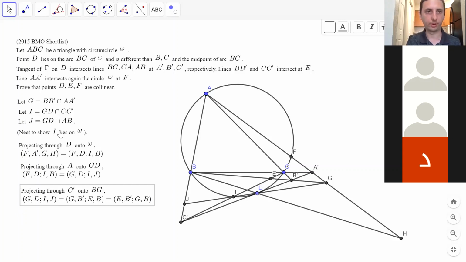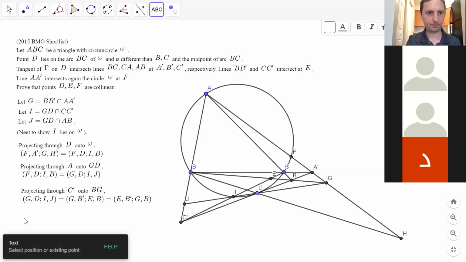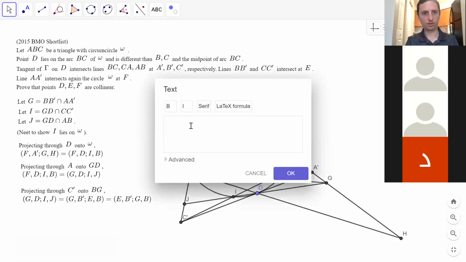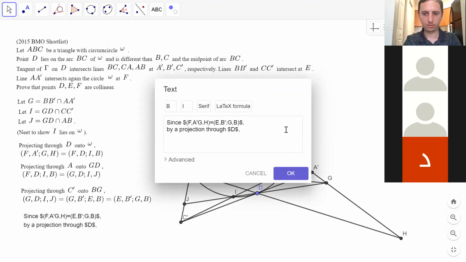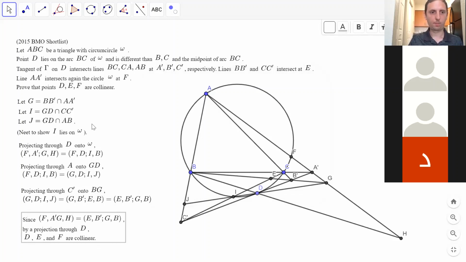But I just have to show this step right here. D, E, and F are collinear. But I have to show this.